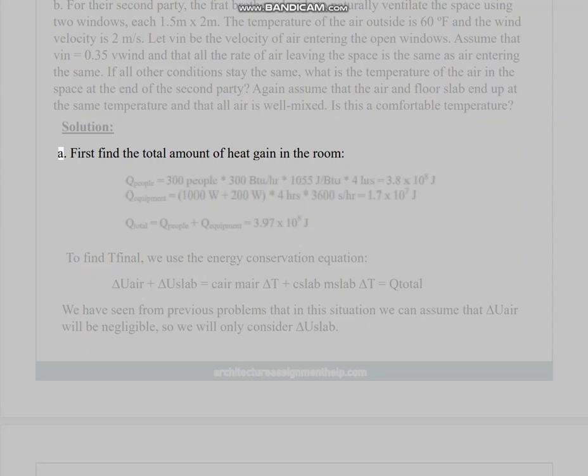Solution. A. First, find the total amount of heat gain in the room. To find T_final, we use the energy conservation equation: ΔU_air plus ΔU_slab equals Q_total. We have seen from previous problems that in this situation we can assume that ΔU_air will be negligible, so we will only consider ΔU_slab.